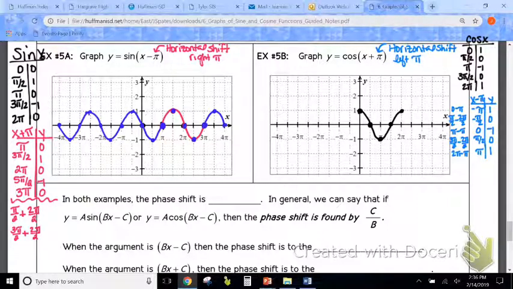And so I can graph my new points there. And then look at it. Does it appear that we horizontally moved our graph to the left pi? Yes. And so there's our graphs.